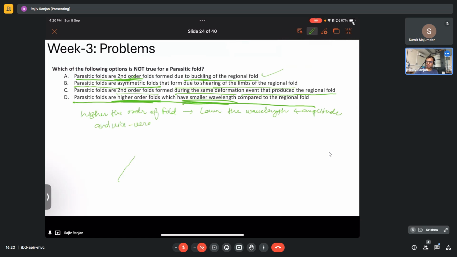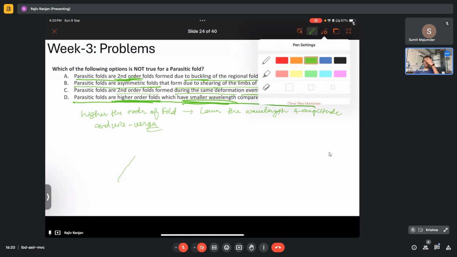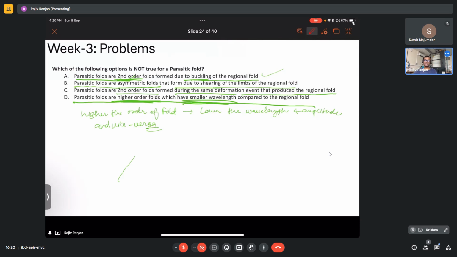I hope now you understand. Now it will be clear. Parasitic folds are higher order folds.